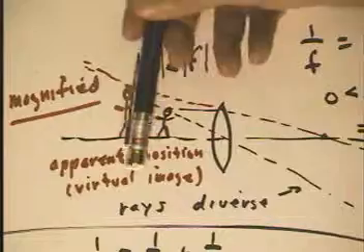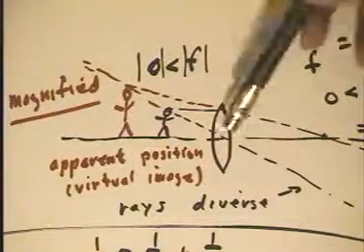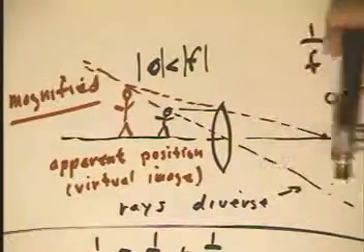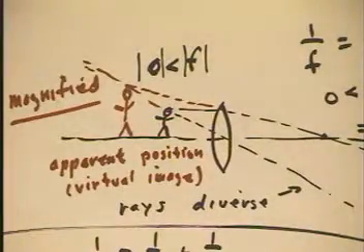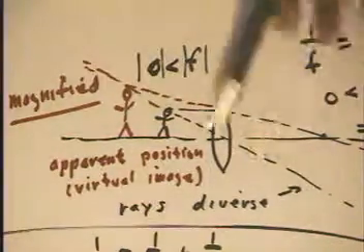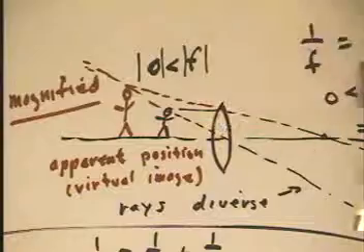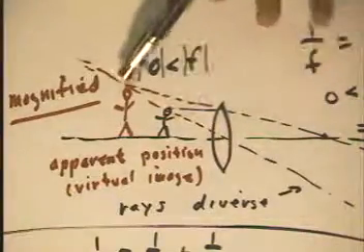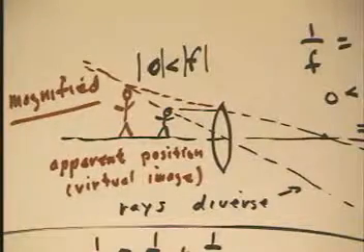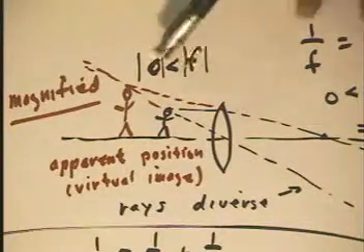If you put a screen here, you're not going to see anything because the rays are over here. And if you put a screen over here, you're not going to see anything that makes sense because the rays aren't converging. But if you look through the lens, it appears that the light's coming and spreading out from this point, so it appears that the light is here instead of where it actually is. And that's what we see when we look through a magnifying glass.